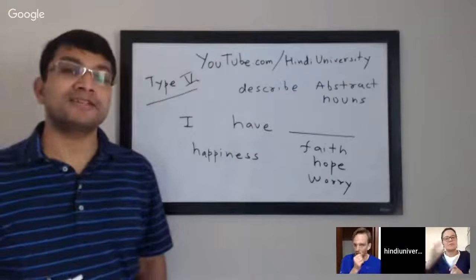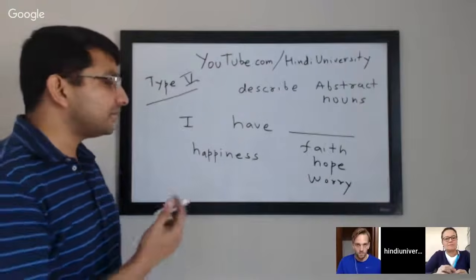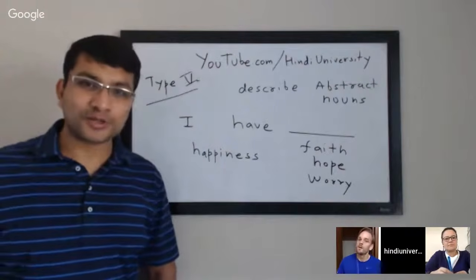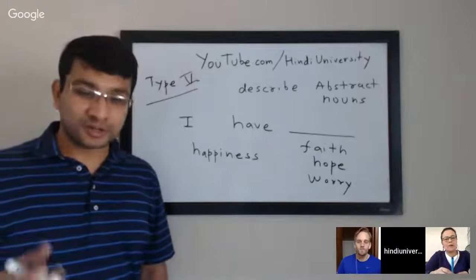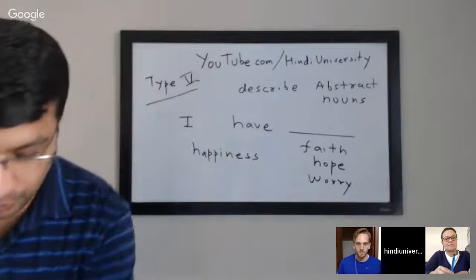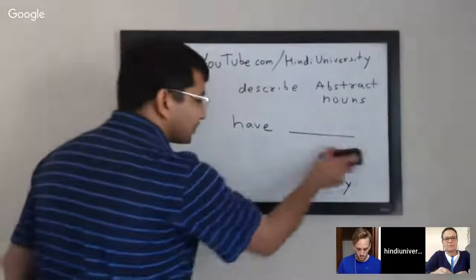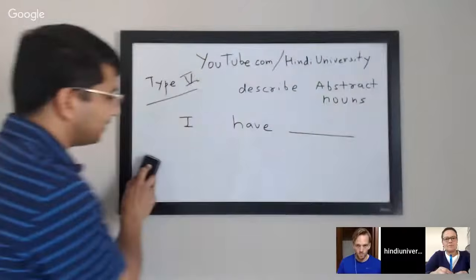Now, how do you say it in Hindi? Okay, using mujhko. I mean, there are other ways to say it. मैं खुश हूँ. That's one way of saying it without using mujhko. Okay, so let me write down the one way of saying it, and then I'm going to ask you how to say the other way.